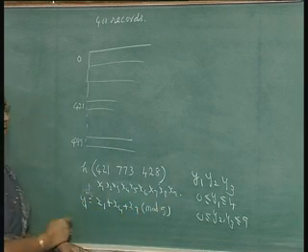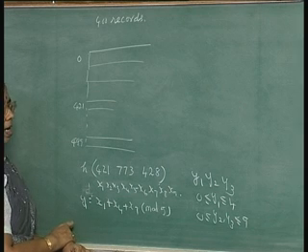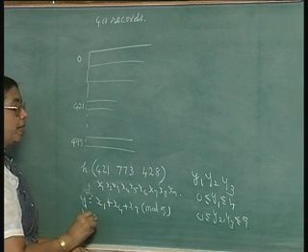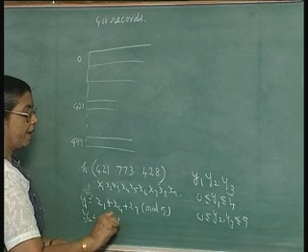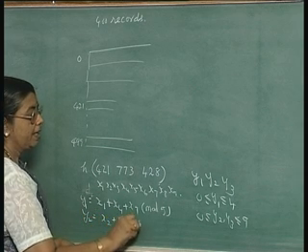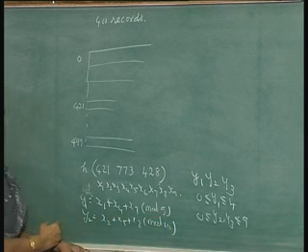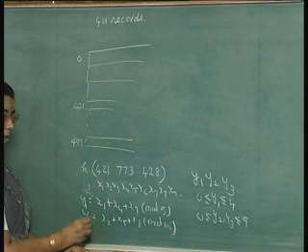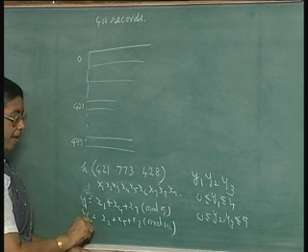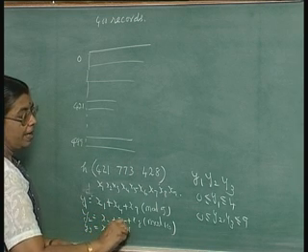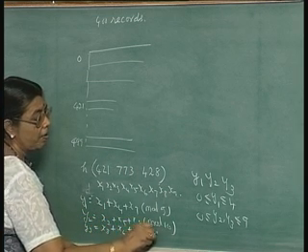In that case, it will reduce to a number between 0 and 4. And y2 is x2 plus x5 plus x8 mod 10. Then this will reduce to a number between 0 and 9. y3 will be x3 plus x6 plus x9 mod 10.